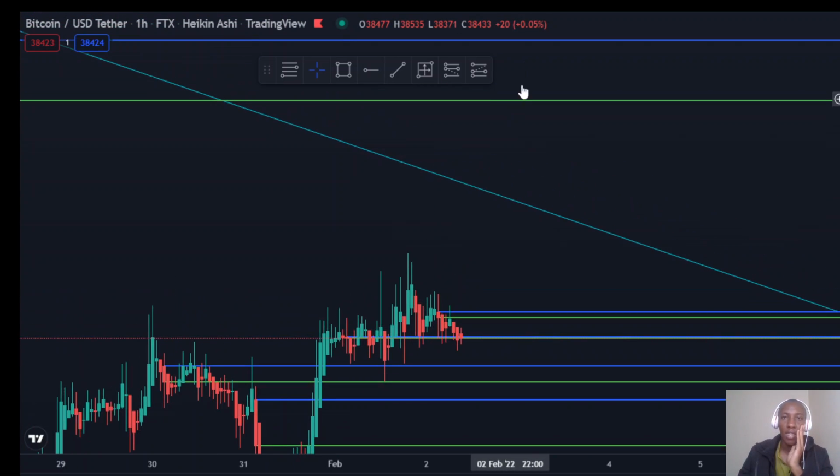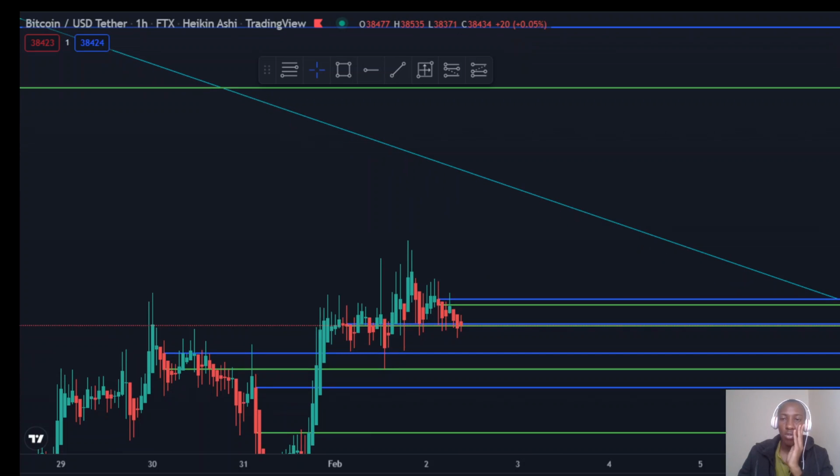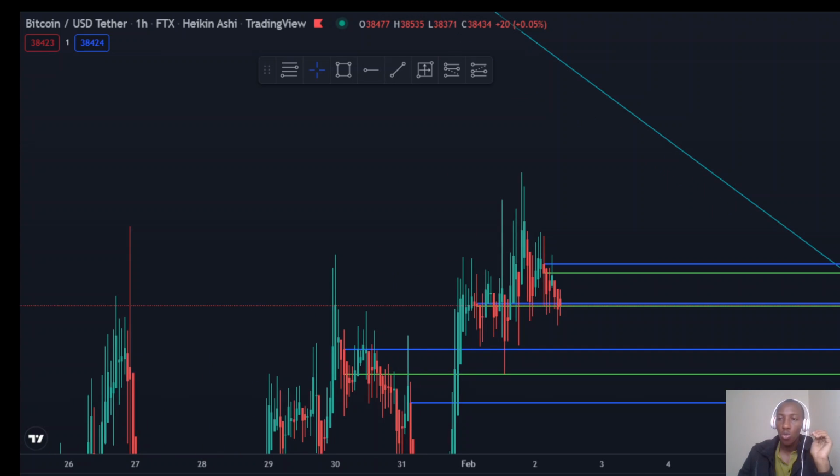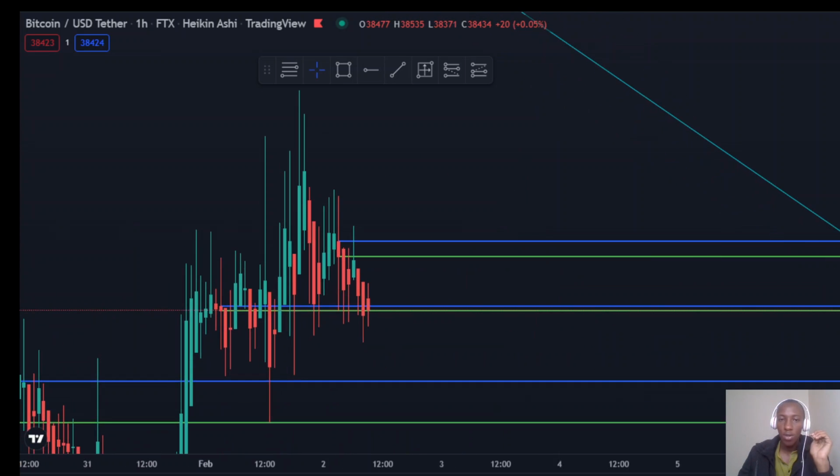That's how you apply this IBH and IBL to your analysis, and it works out perfectly fine, to the letter, guys.